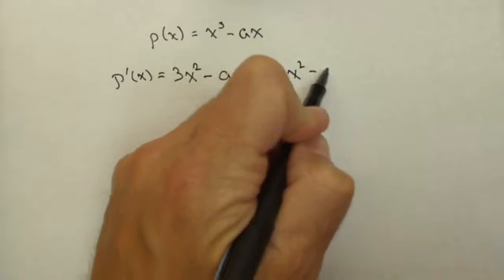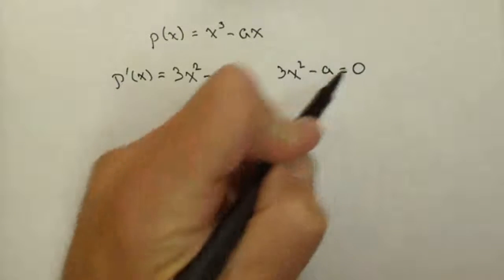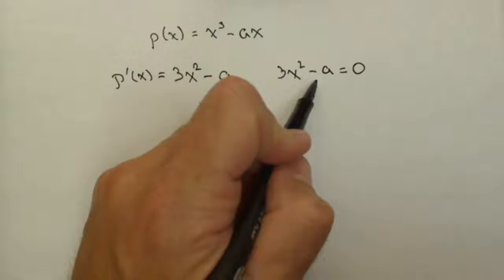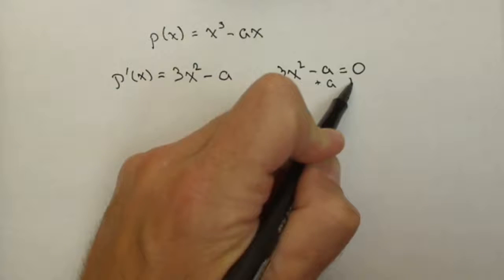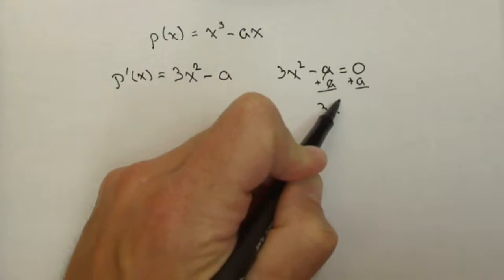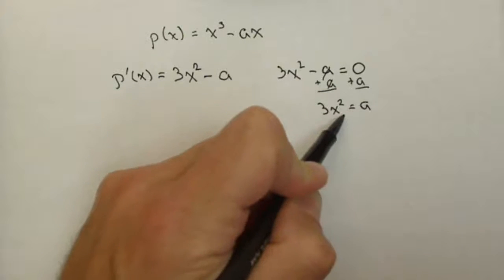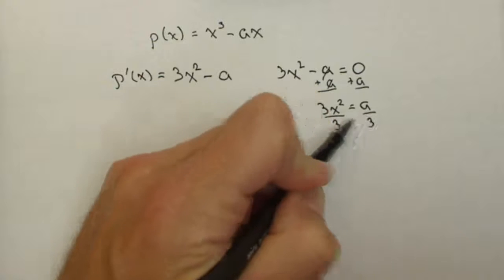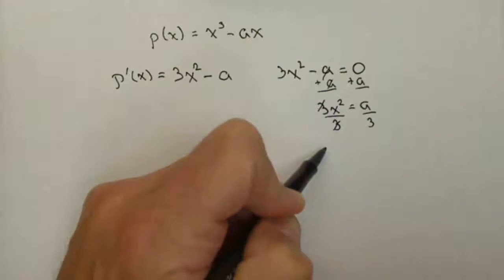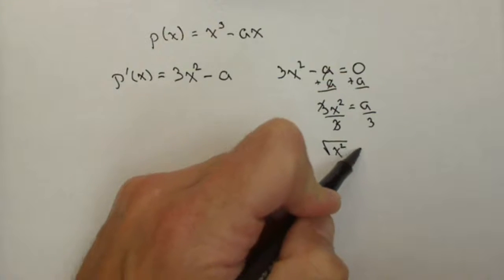So nothing changes from our normal routine there, except our critical points are going to be in terms of a. In solving this, we'd add a to both sides, and we get 3x squared equals a. Divide both sides by 3. We get x squared equals a over 3, and then we'll square root both sides.